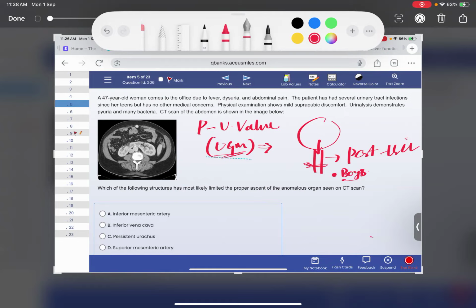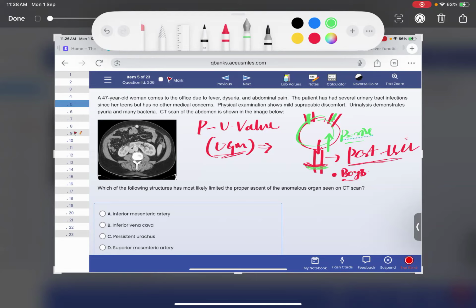The other important concept is that posterior urethral valves will cause a rise in pressure. Because of the blockage, pressure in the bladder and both ureters will increase.